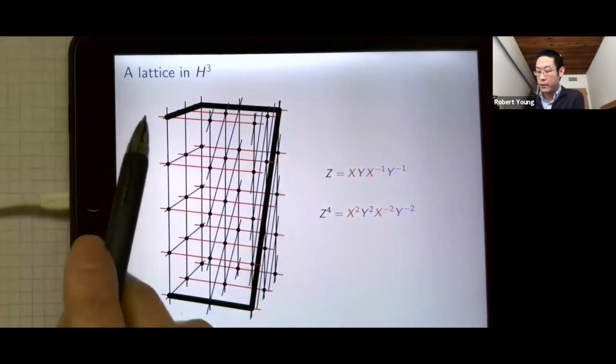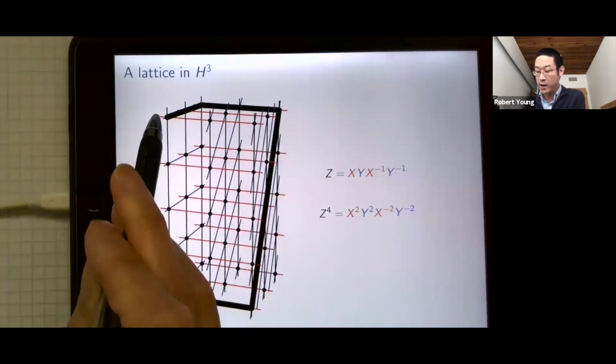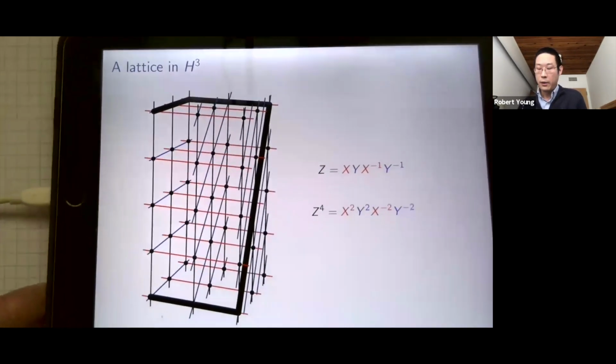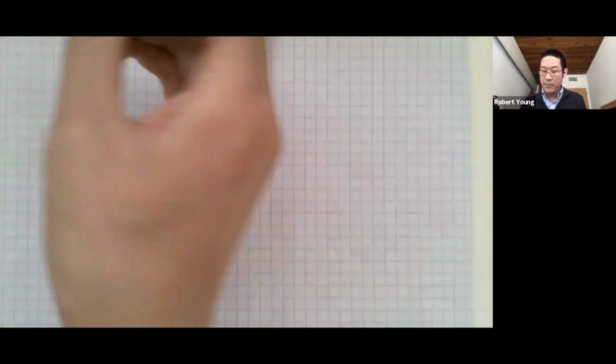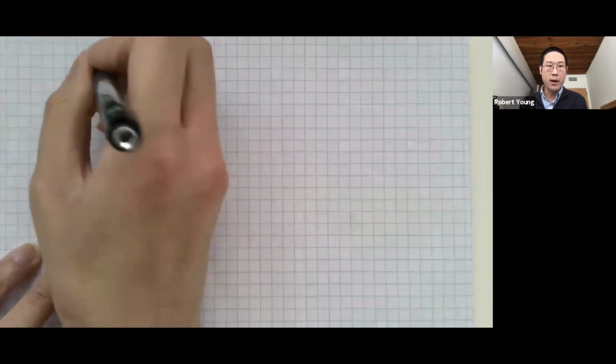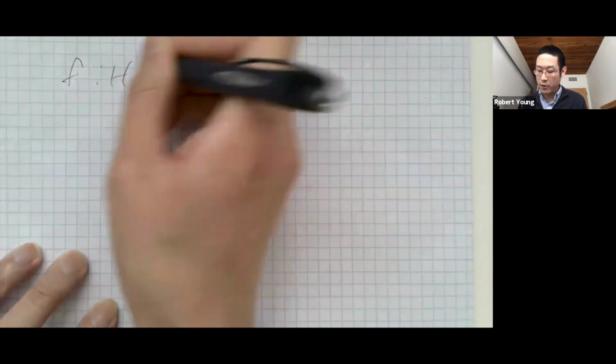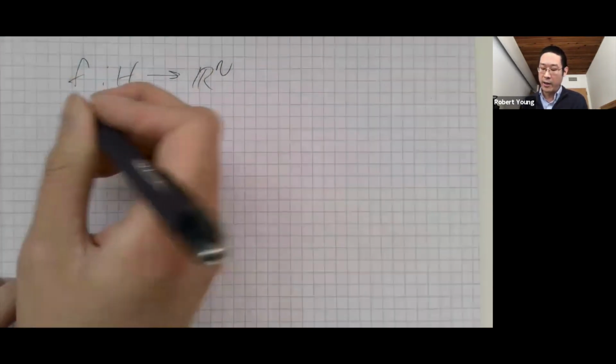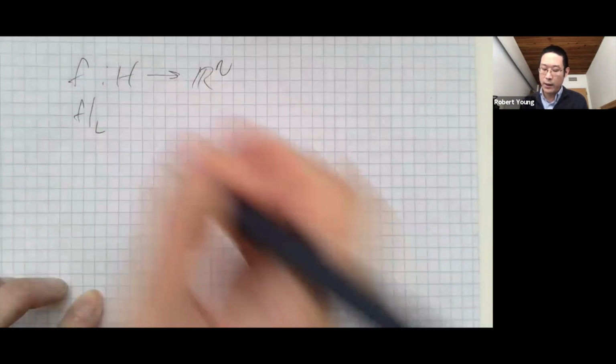So one way of thinking about this is if you go back to our picture of the Heisenberg group, our Heisenberg group is foliated by these red lines going in one direction and these blue lines going in the other direction, right? So if I have a Lipschitz map from the Heisenberg group to R^n, then I can look at the restriction to one of these lines.